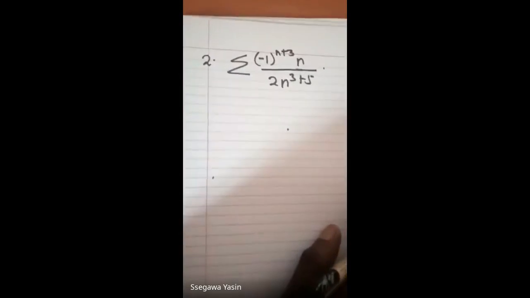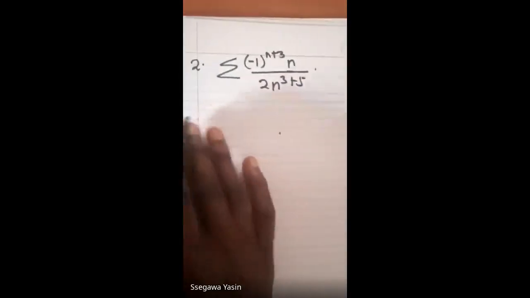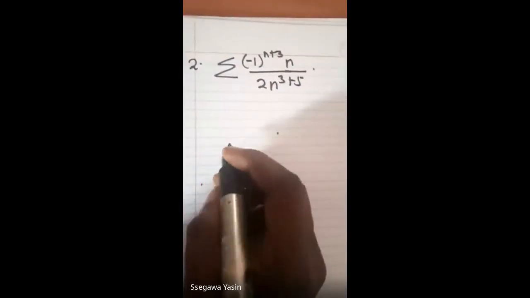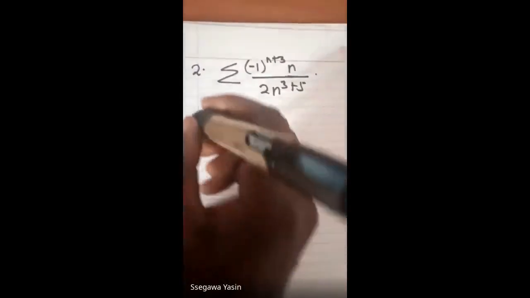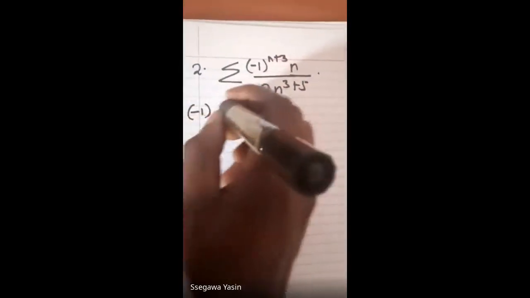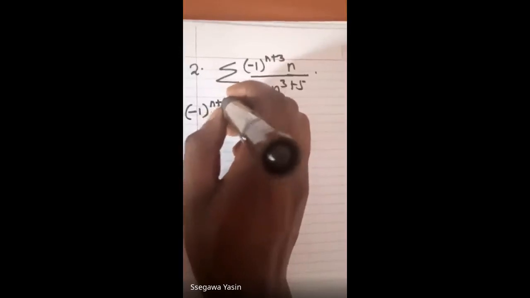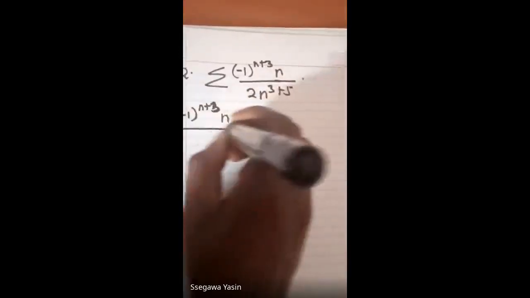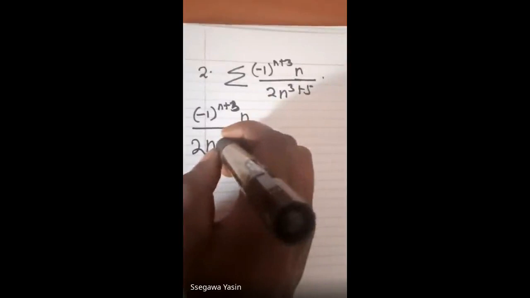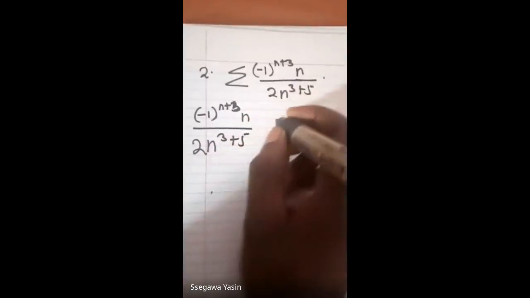So, I'm picking up a sequence: negative 1 to the n plus 3, n over 2n cubed plus 5.